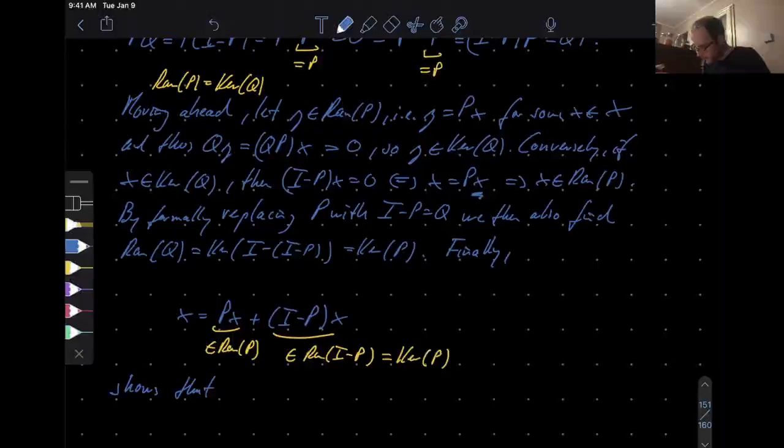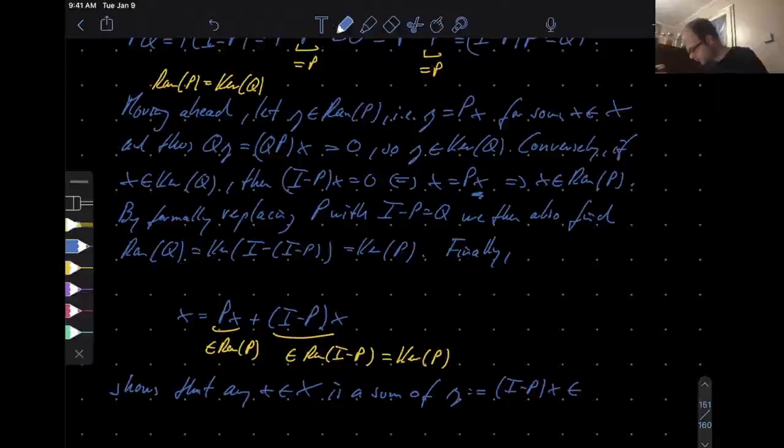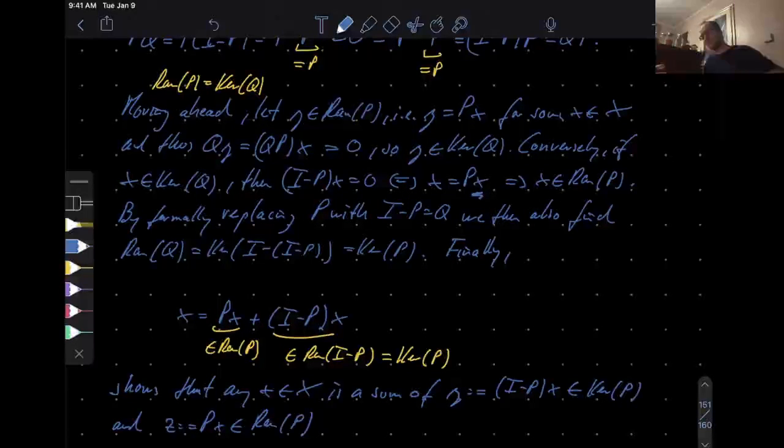So which shows that any x in X is a sum of y, which is 1 minus p x, which is in the kernel of p, and element z, which is p of x, which is in the range of p. Alright, so first part of that statement that these two guys are complementary subspaces is already done.